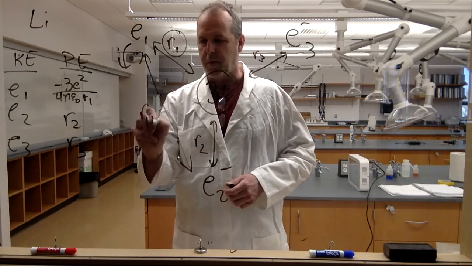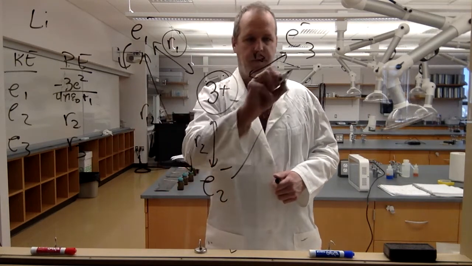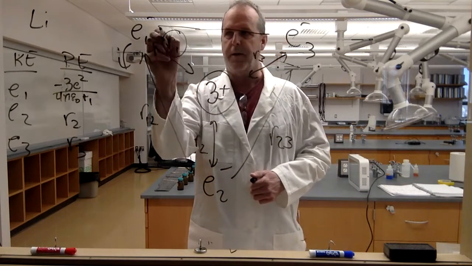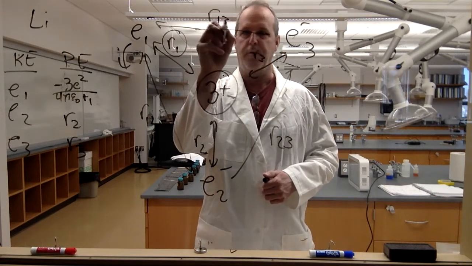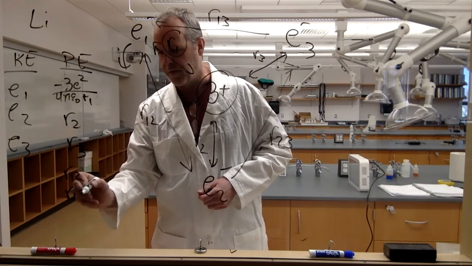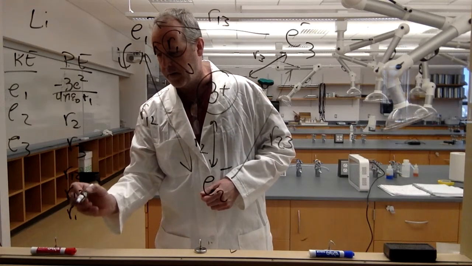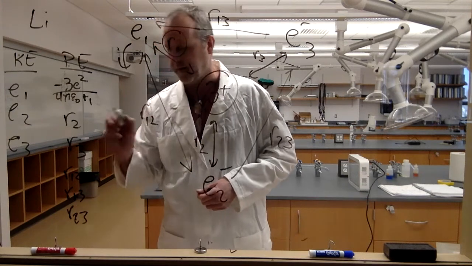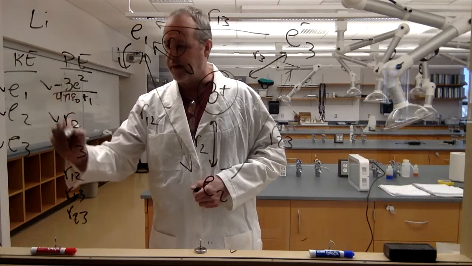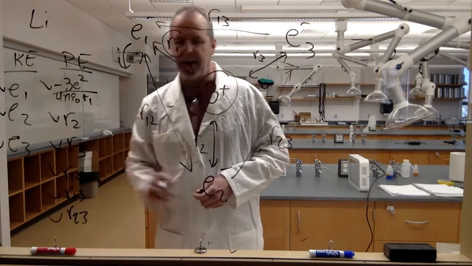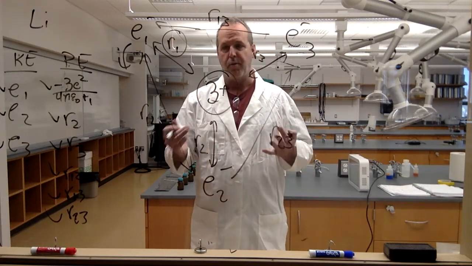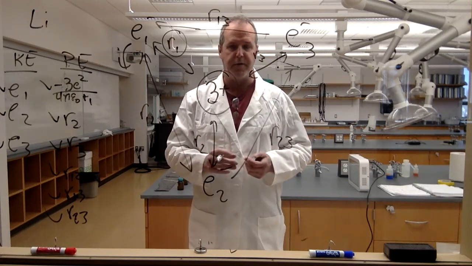This would be R12. This one would be R23. And this one right here would be R13. So you're going to essentially have 1, 2, 3, 4, 5, 6, 7, 8, 9 different terms for the lithium atom. And again, you could write this all out. I suggest that you do that now.